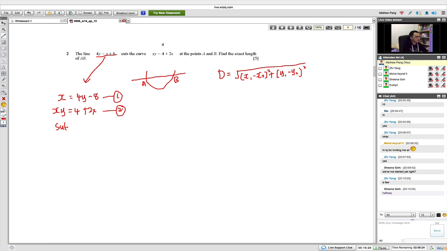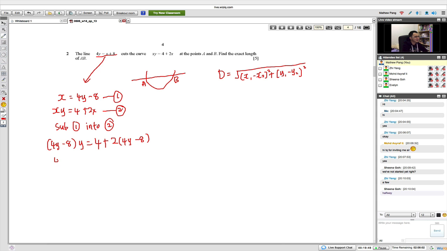I will substitute the first equation into the second equation. So what I will have is (4y minus 8) times y equals 4 plus 2x, with x as 4y minus 8. After I solve this equation, I will be able to find the values of y.